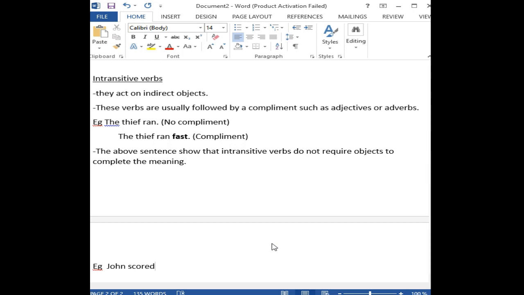I'd say John scored a goal. No, not really. That is transitive. You can say that John.